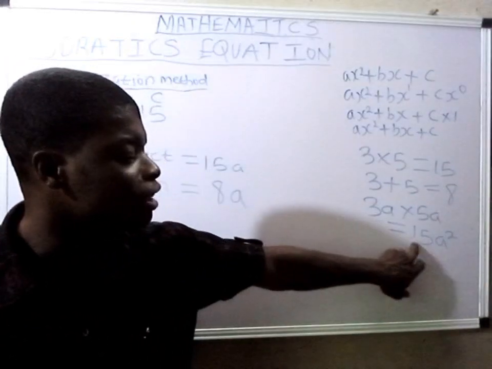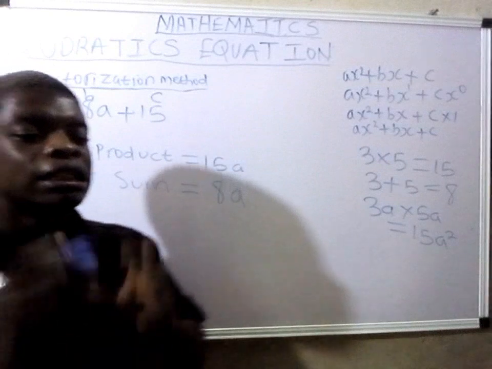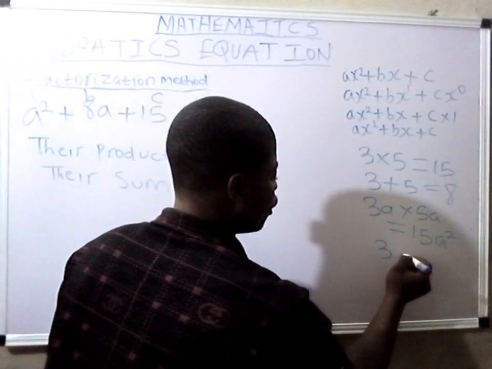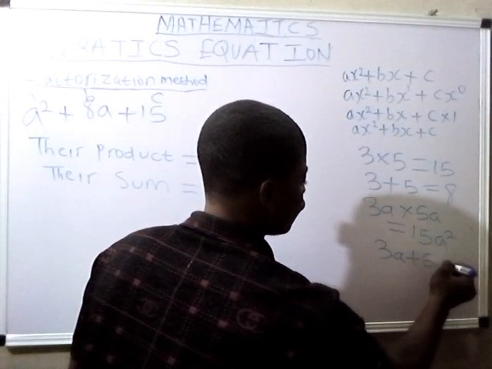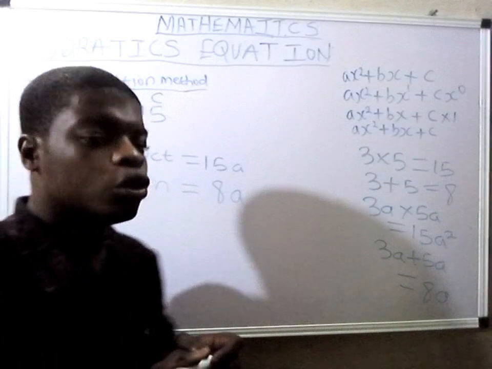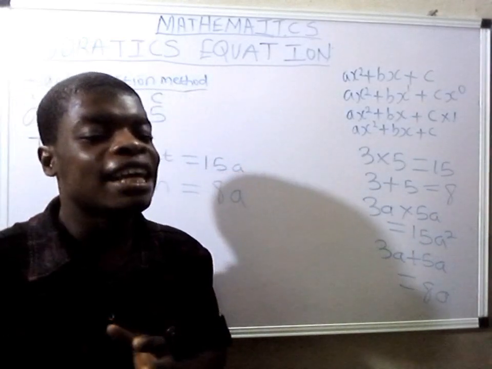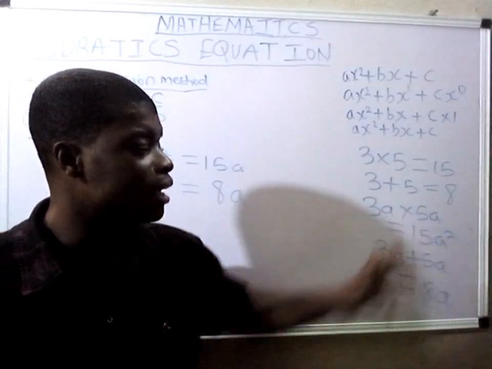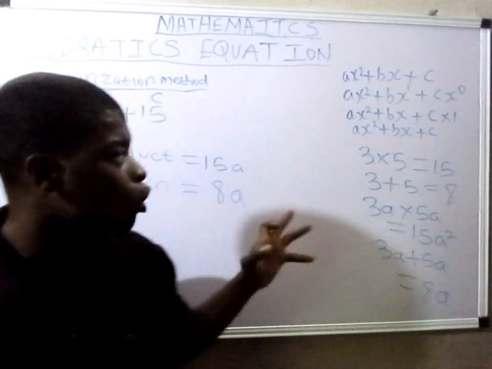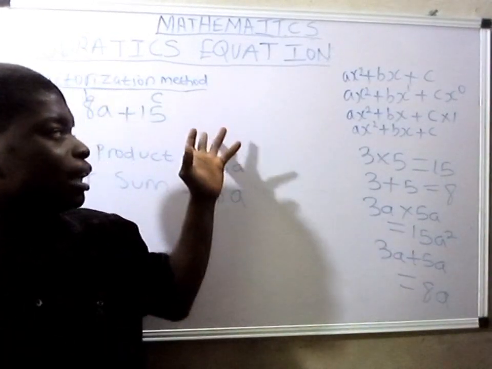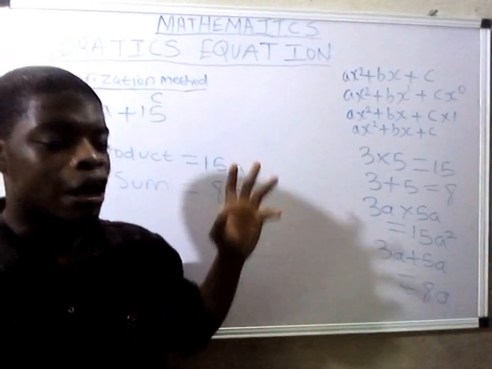So consider that we have gotten our product. Then for our sum, we can say 3a plus 5a equals 8a. So looking carefully, it can be inferred that these two terms 3a and 5a can work for this question. So let's substitute it into the equation given above.